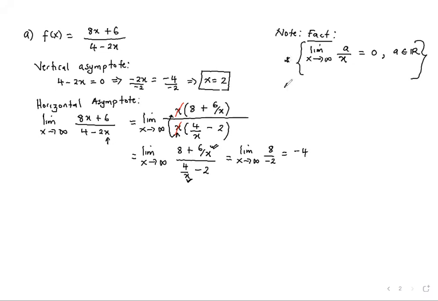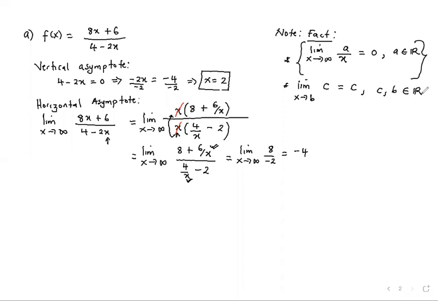Maybe we should also note that the limit as x goes to any number b of any constant c is equal to the number c, where c and b are any real numbers, while here we also include infinity.